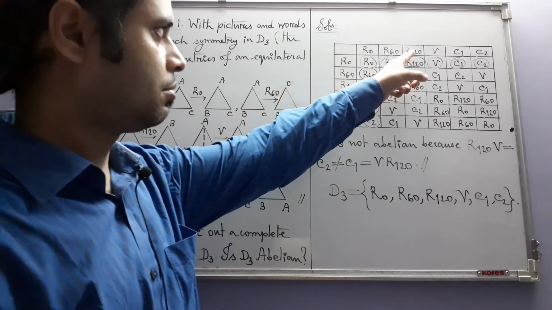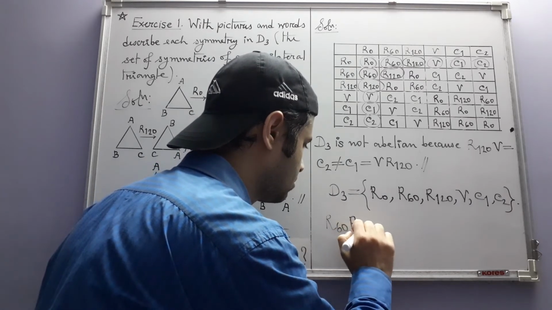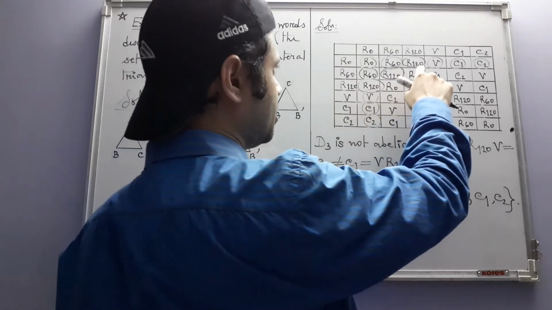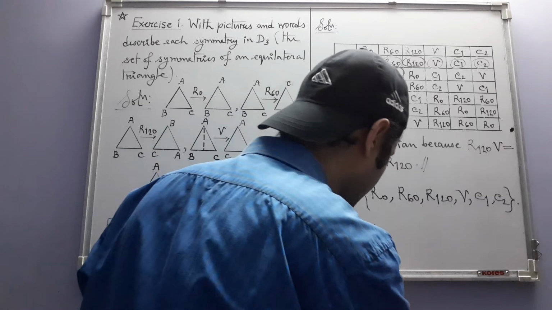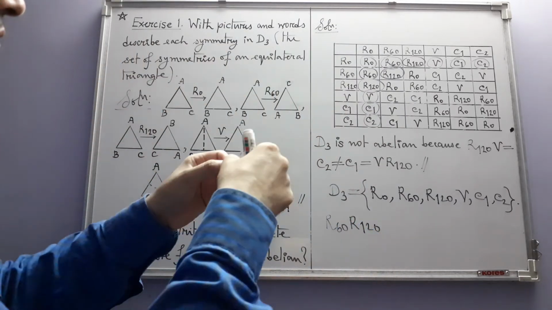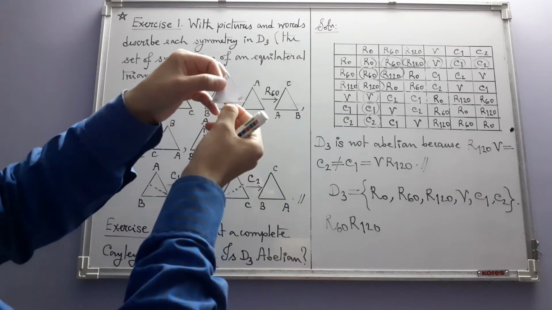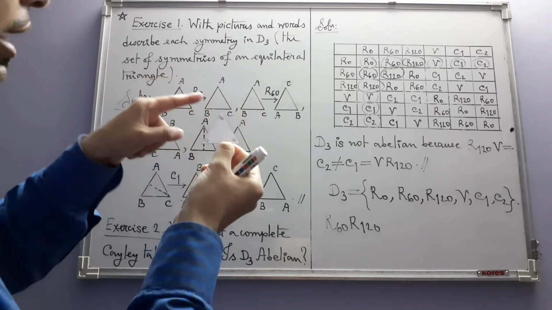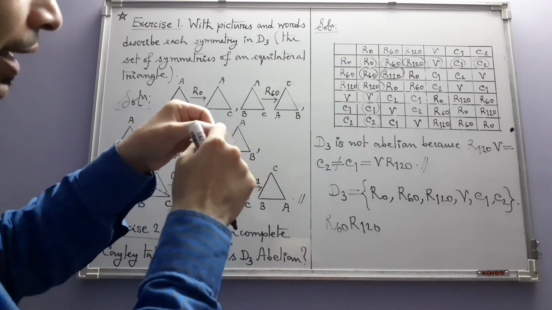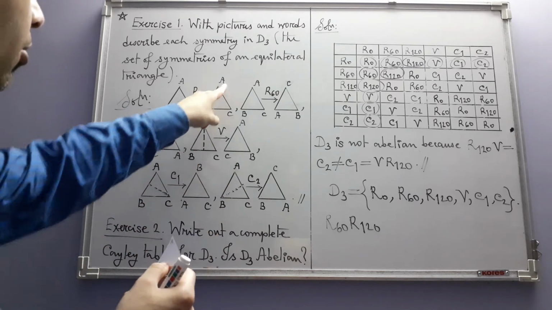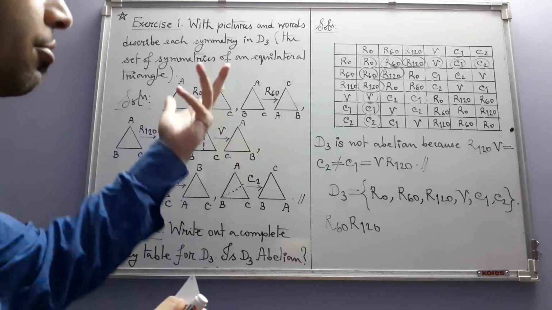Now for this one we have to calculate R60 R120. If you perform R120 first, and then another 60 degrees, we get back A, B, C. That is the original arrangement of the vertices, which is the same as doing nothing.